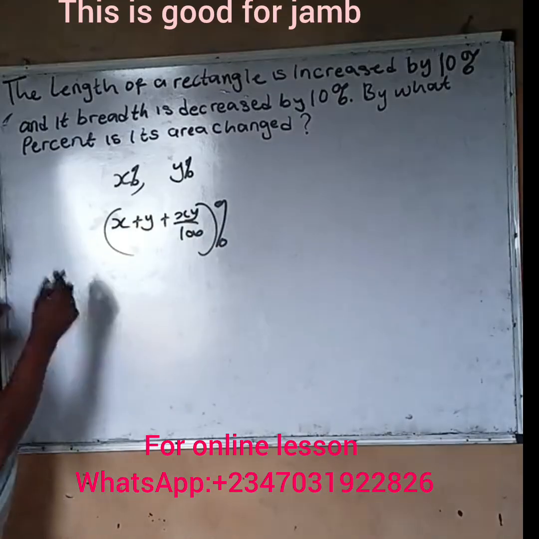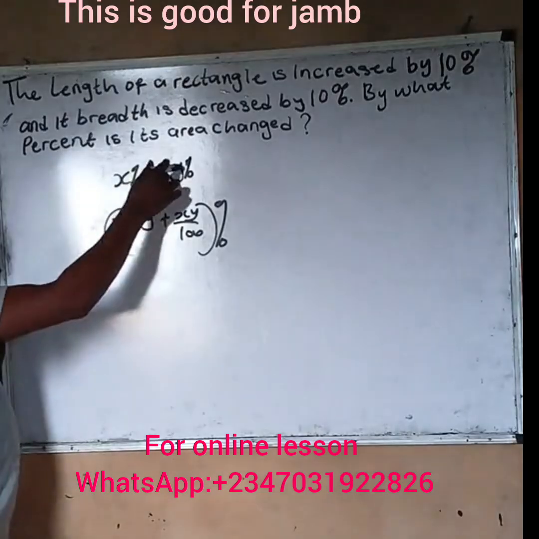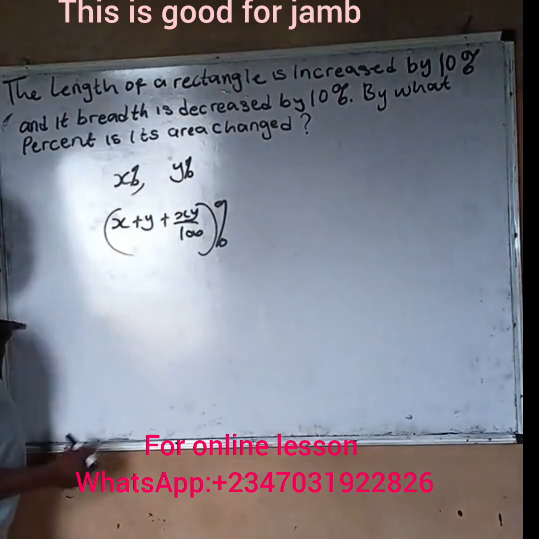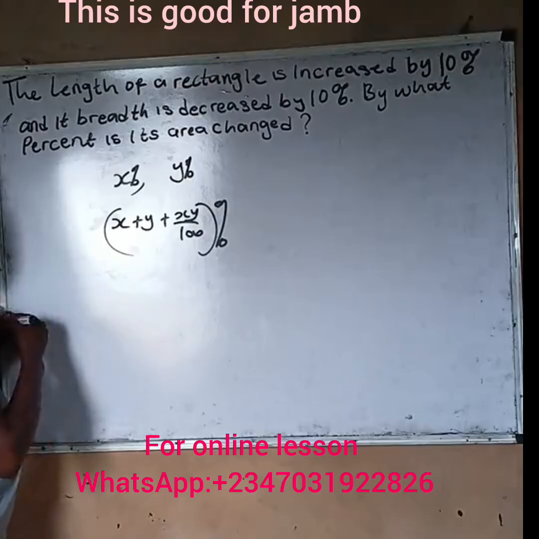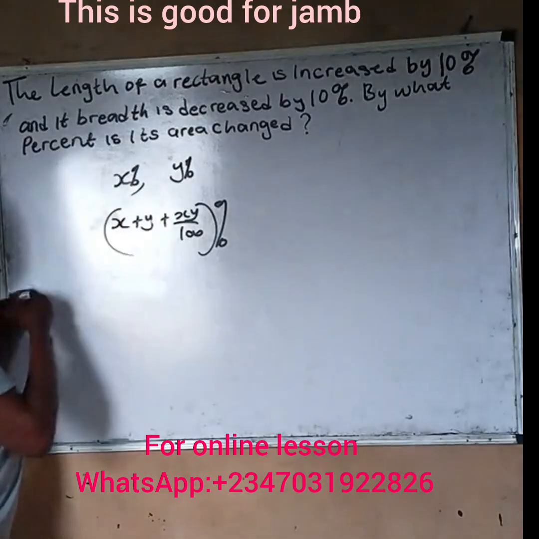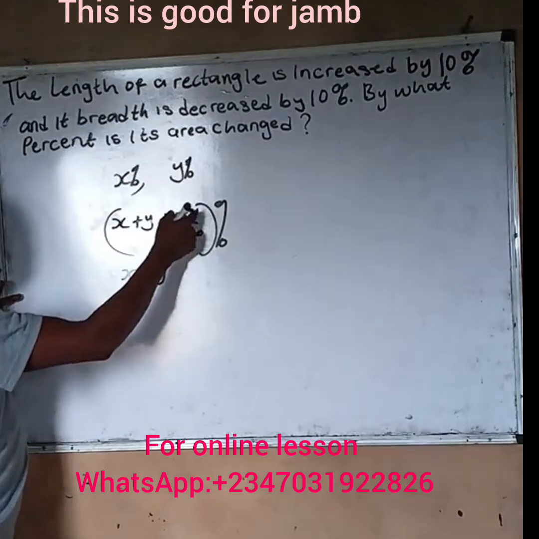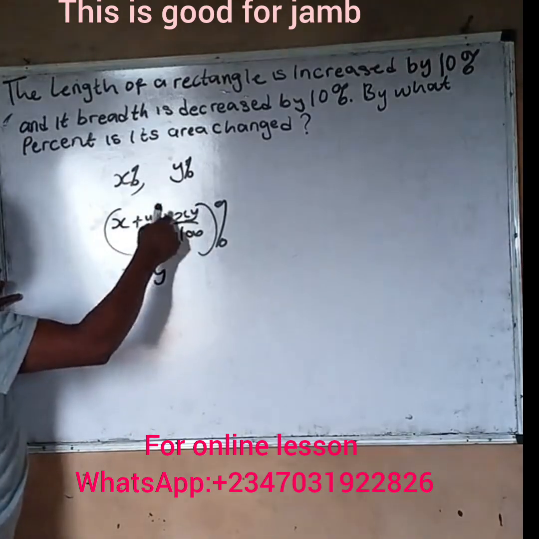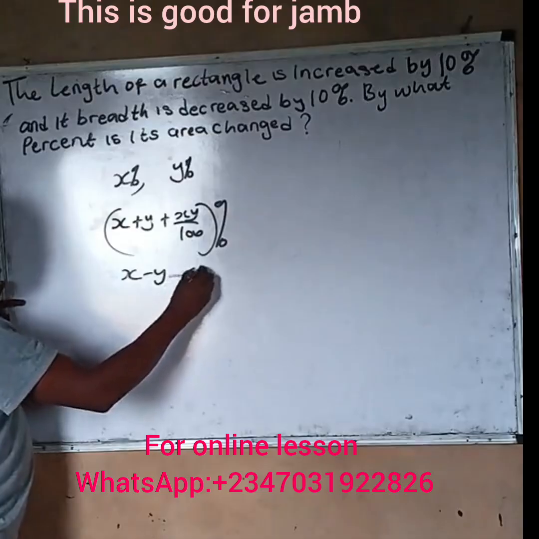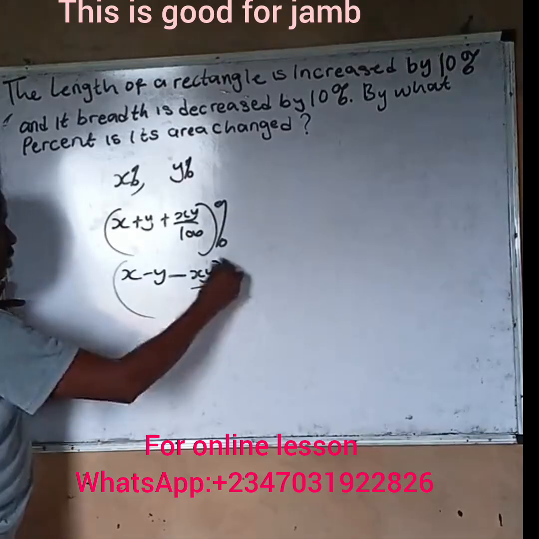So if you are now told that the length increases and the breadth decreases, it means your y now will be minus. You have x minus y. Now, since the y reduces, minus times plus will give you minus xy over 100%.